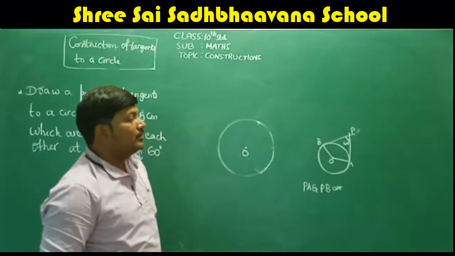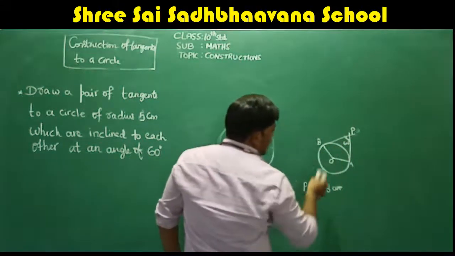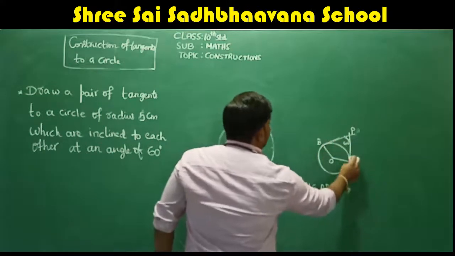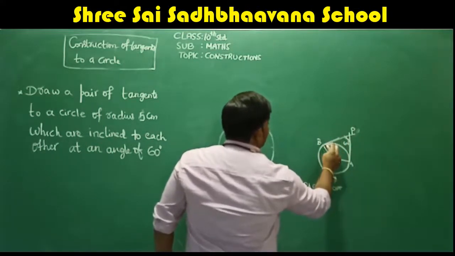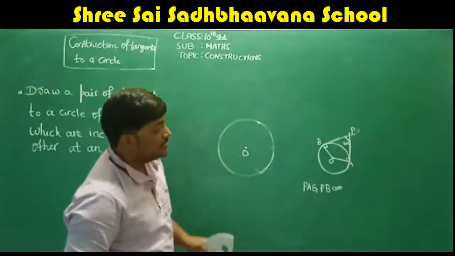And let's remember, if this angle is 60 degrees, what will be this angle and this angle? Okay guys, you might have studied the first theorem.